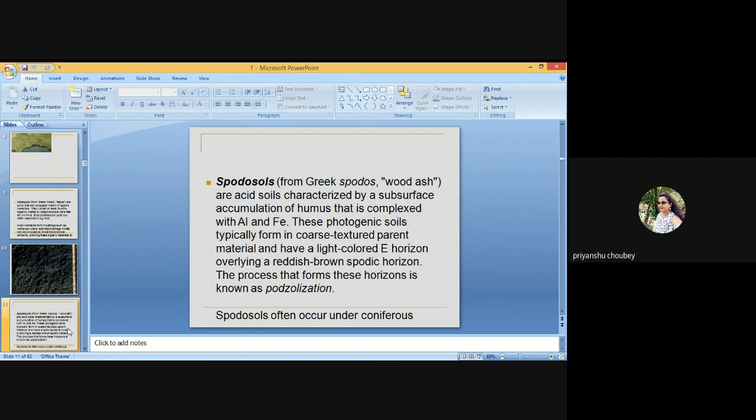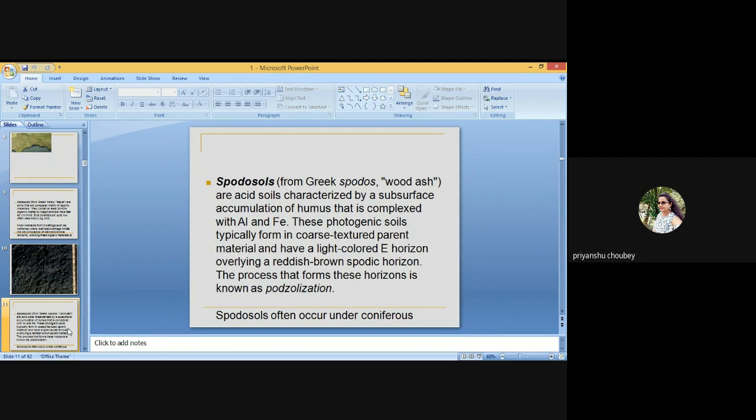So Spodosol is from the Greek spodos, meaning wood ash, an acid soil characterized by surface accumulation of humus that is complexed with aluminium and iron. These are forest soils typically formed in porous, coarse-textured parent material and have a light colored horizon overlying a reddish brown spodic horizon.